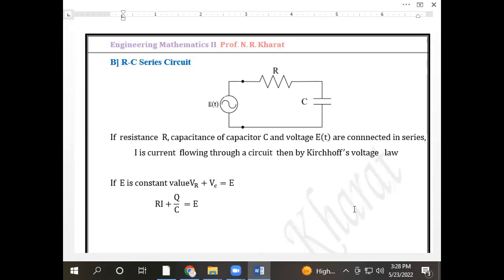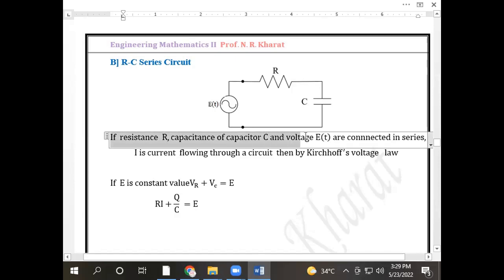To find the current flowing through the given circuit, we should know the voltage across the resistance as well as the voltage across the capacitor. The resistance and the capacitor are connected with a battery. That battery is denoted by the function E of t.